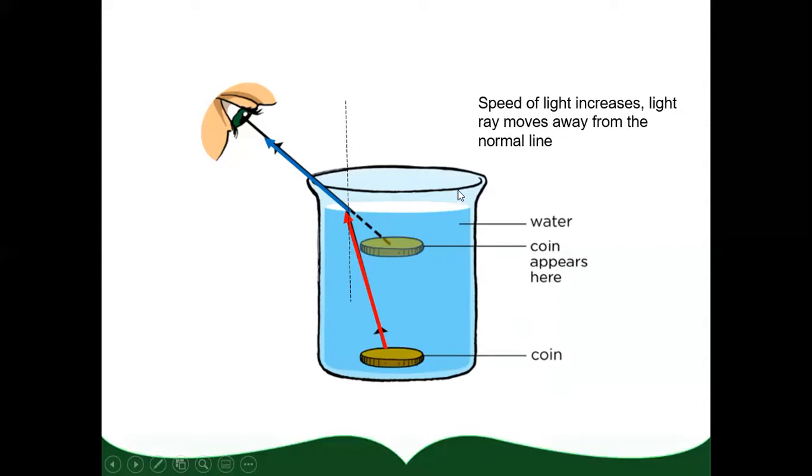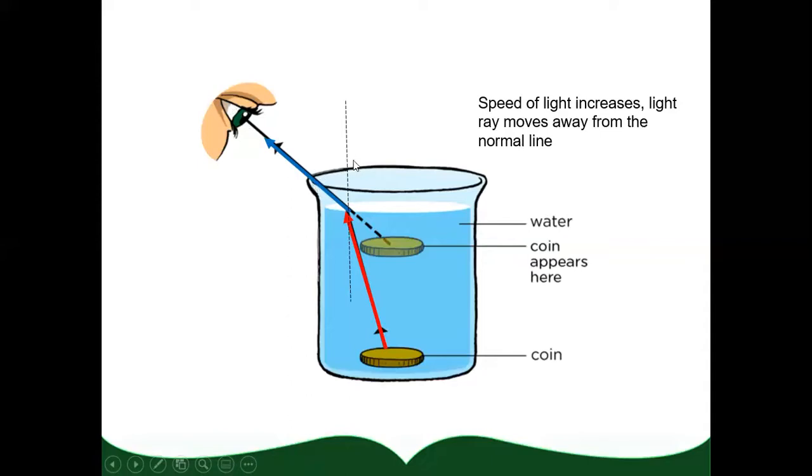I'll repeat. From the coin, the reflected ray will touch the boundary between water and air. Since air has a lower index of refraction, lower optical density, the speed of light will increase. So when the speed of light increases, the light ray moves away from the normal line.